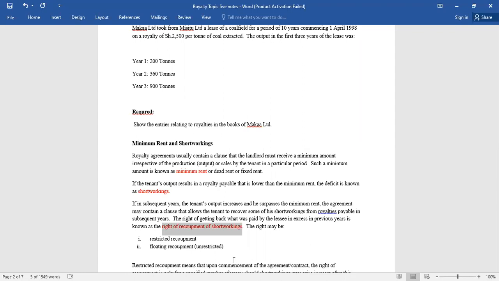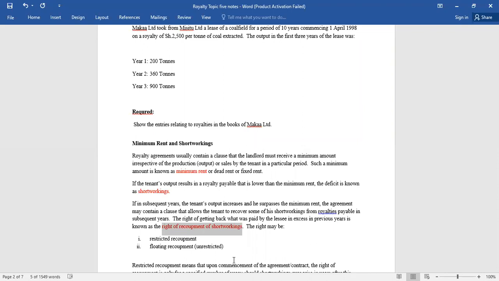Now, a situation occurs when we are unable to recoup. Let's say we are under the restricted recoupment, and for the previous illustration that we had, let's say we were restricted to 2 years. So we have year 1, year 2. Year 1, we produced 200. Year 2, we produced 360. Year 3, we produced 900.